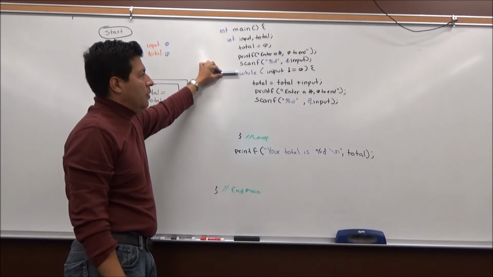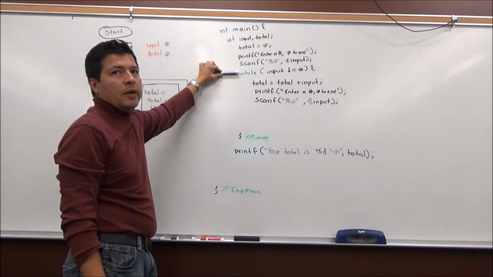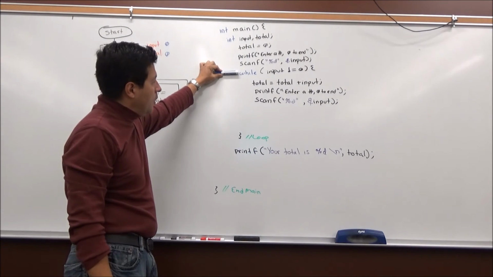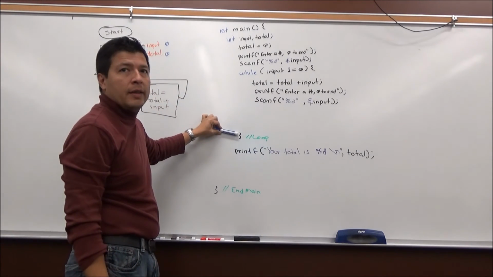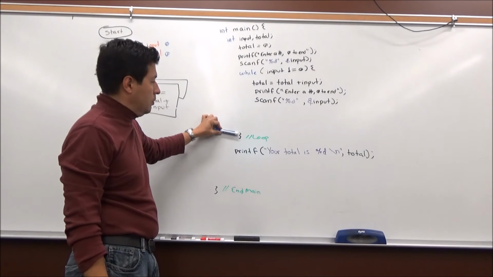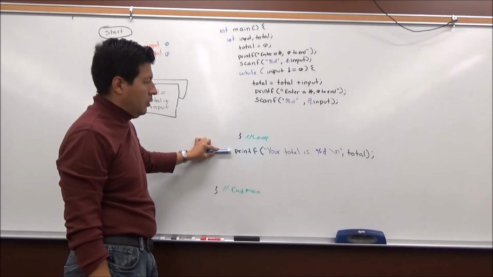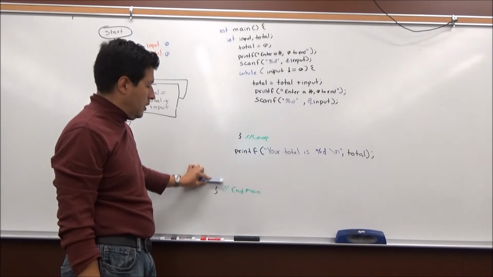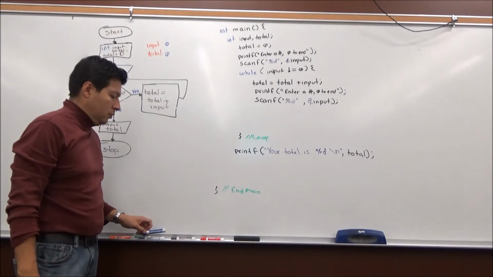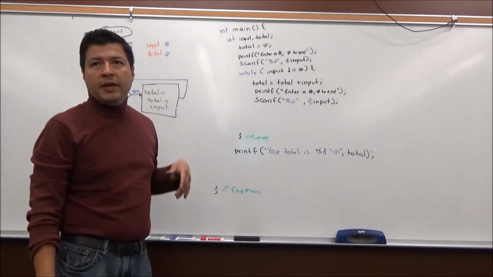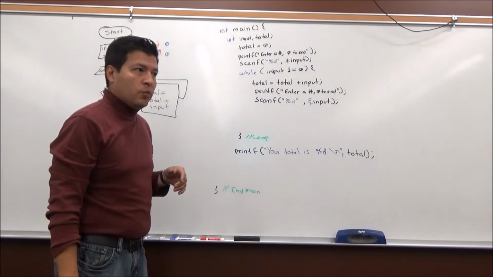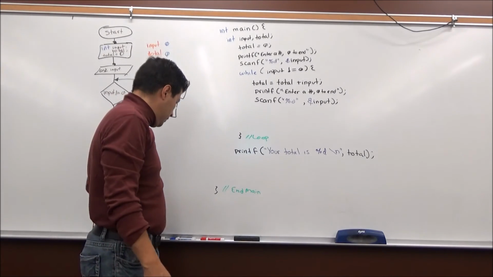While 0 different than 0 is false, right? So where do I go? Find the curly bracket that matches the exit of the loop. And it just goes out, print your total is 0. And exits out. So yes, the code inside is never executed. That's why this is a pretest loop.